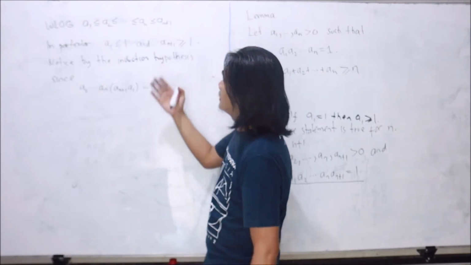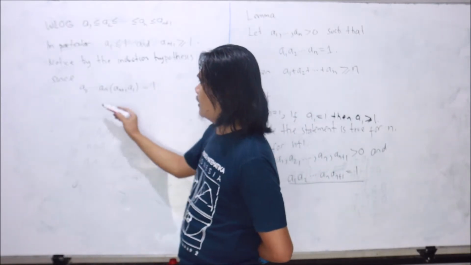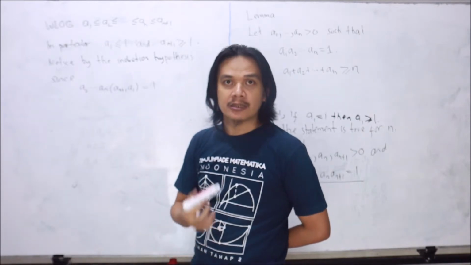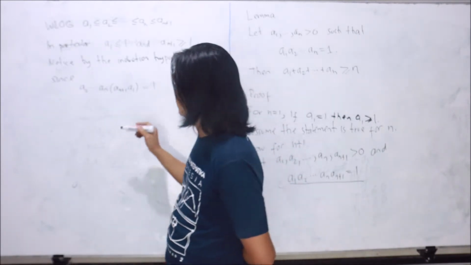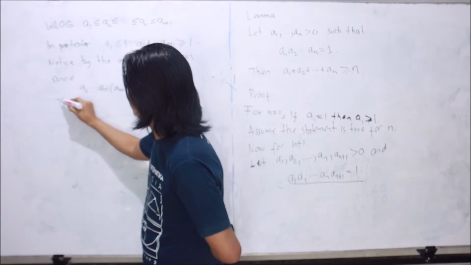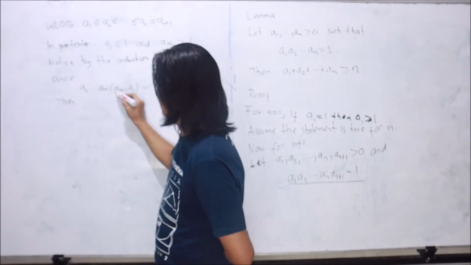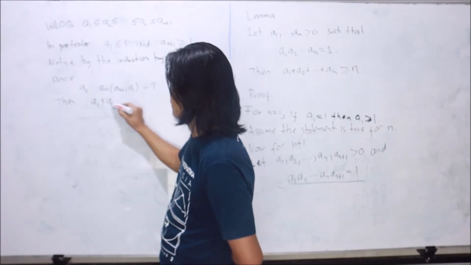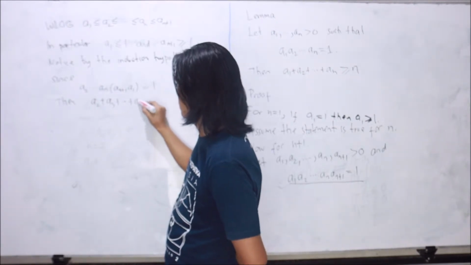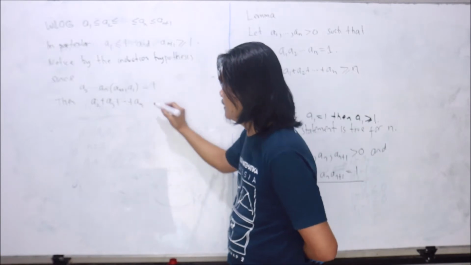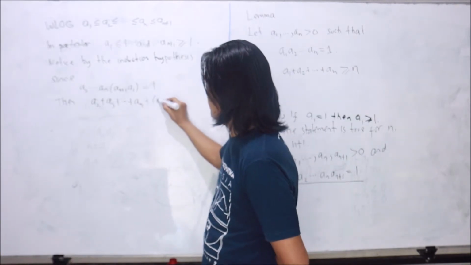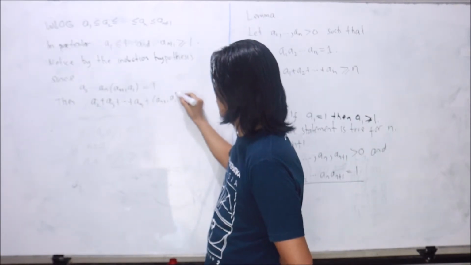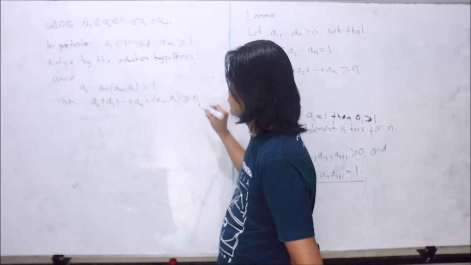And according to the induction hypothesis, if we have n numbers such that their product is equal to 1, then the sum of these numbers, a2 plus a3 plus up to an plus an plus 1 times a1, is greater than or equal to n.